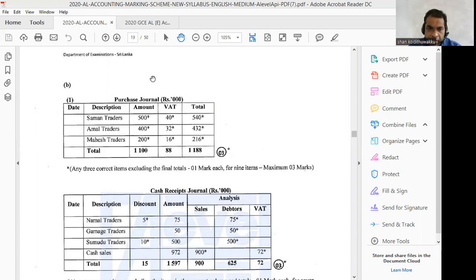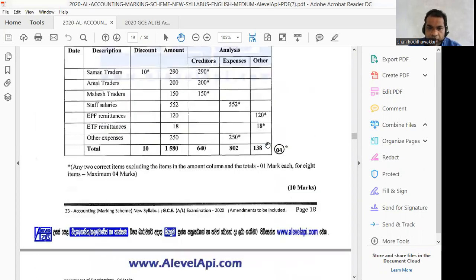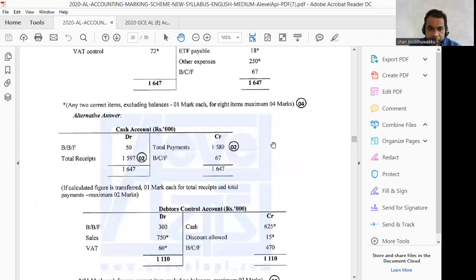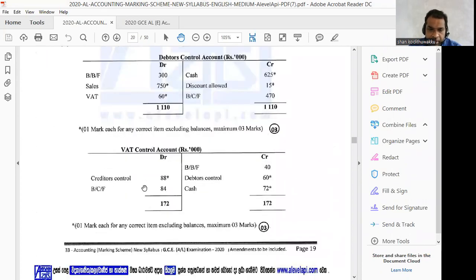As we are not preparing purchases account, we can just ignore 1,100 net purchases, but we can debit 88 to VAT control account. That is input VAT we can normally debit here. 88, say in traders control account. Then traders control account, if you prepare, we can credit.